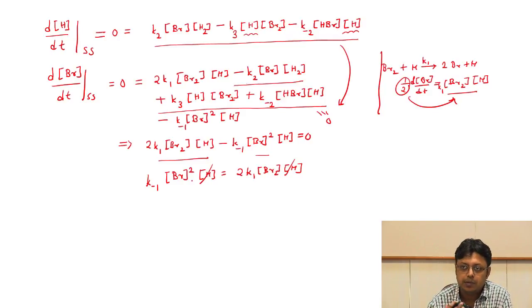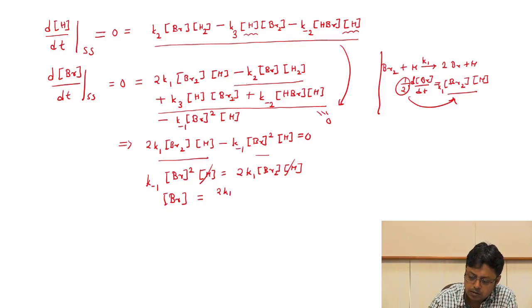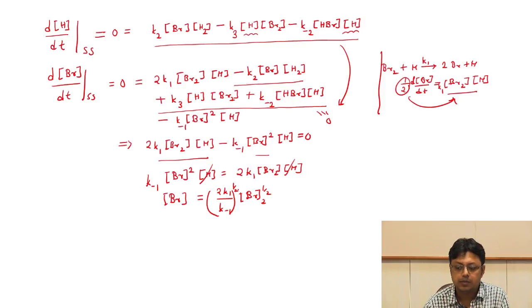It can be H2, it can be Br2, it can be the wall of the container, it can be one of the radicals. It's just a collisionally activated process, and M is just a third body. Then we see that the bromine steady state concentration is twice K1 divided by K minus 1 into Br2, the square root of everything. I'm just writing the rate constant and the concentration of bromine separately.